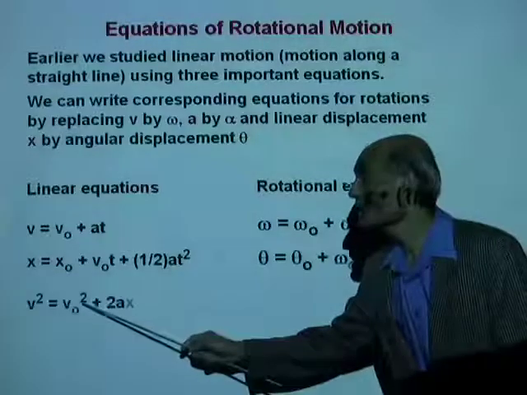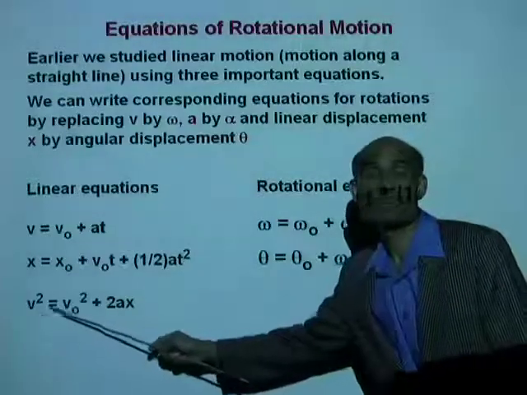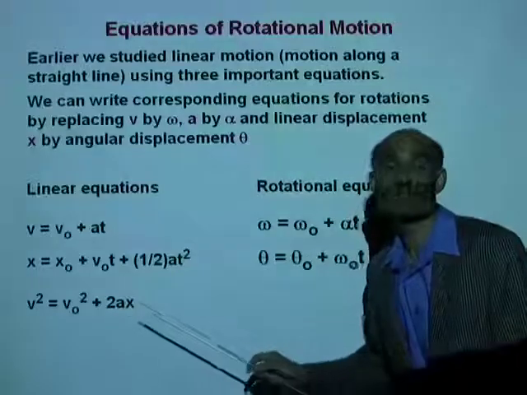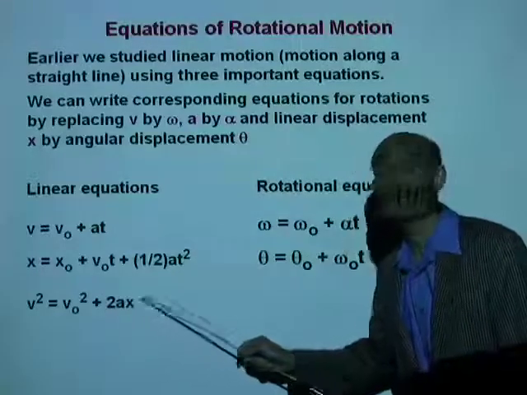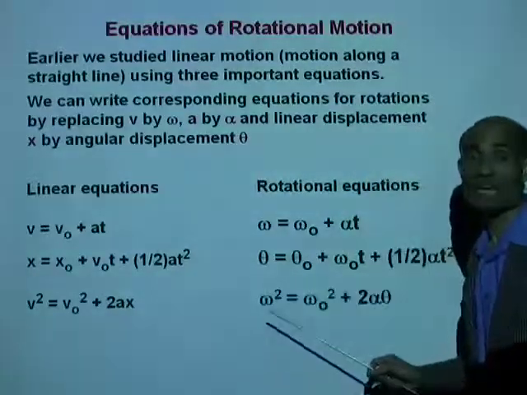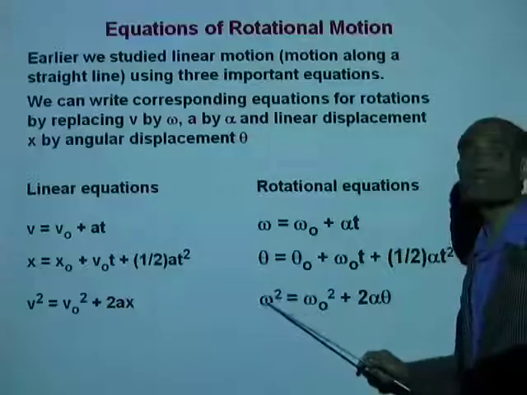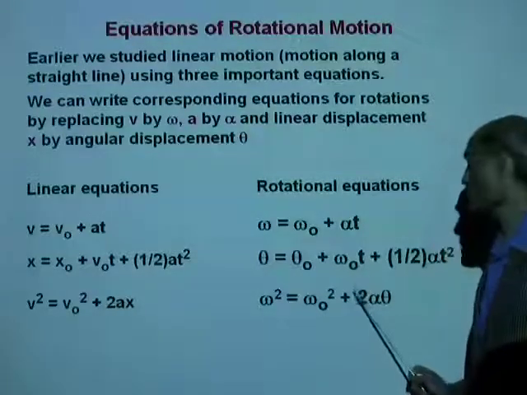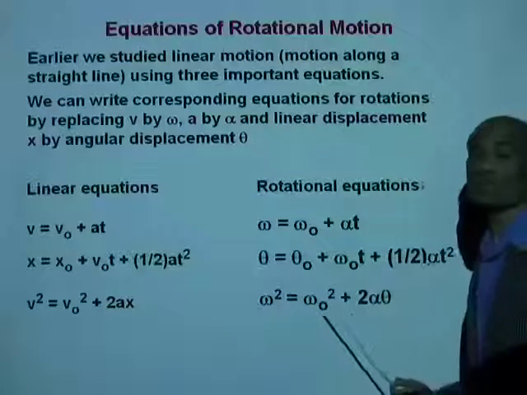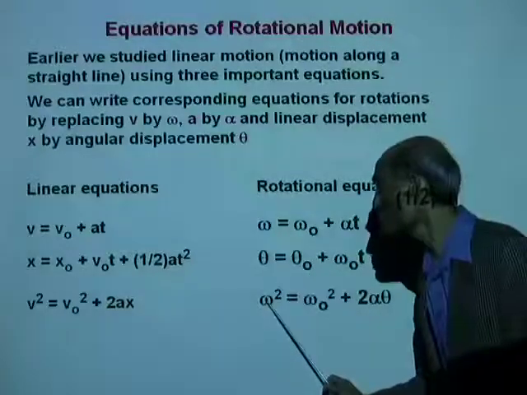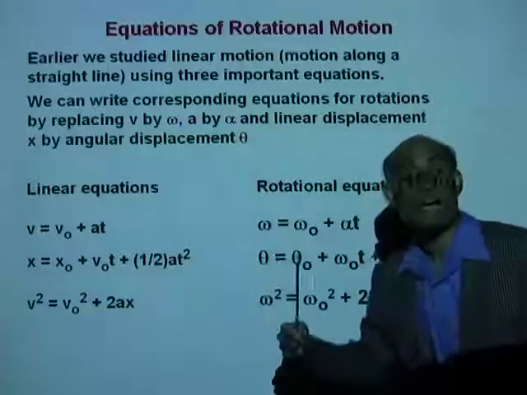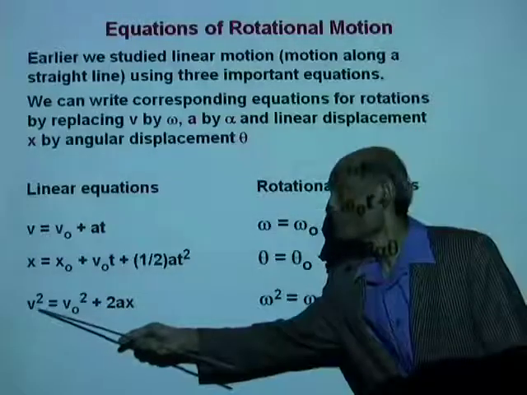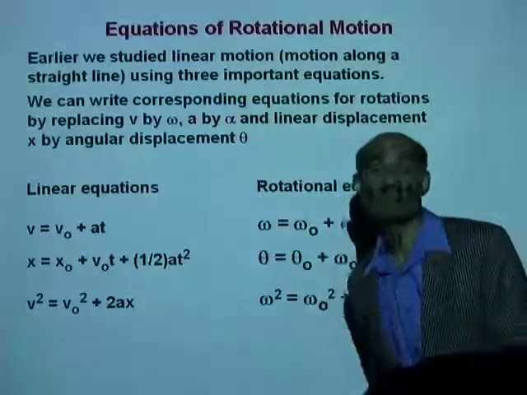What is the third linear equation? v squared equal to v0 squared plus 2ax. And in rotation, it becomes omega squared equal to omega 0 squared plus 2 alpha theta. You can see I have used omega for omega f, v for vf.